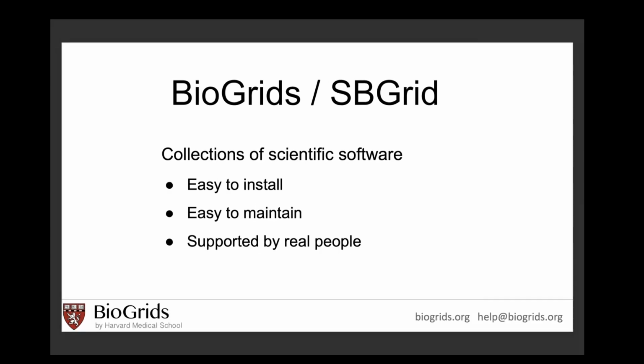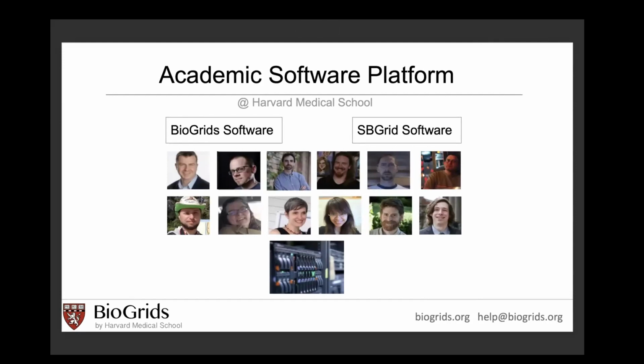But in particular, I would like to draw your attention to the academic software platform. Both BioGrids and SBGrid are instances of the academic software platform, which was developed and hosted at Harvard Medical School.